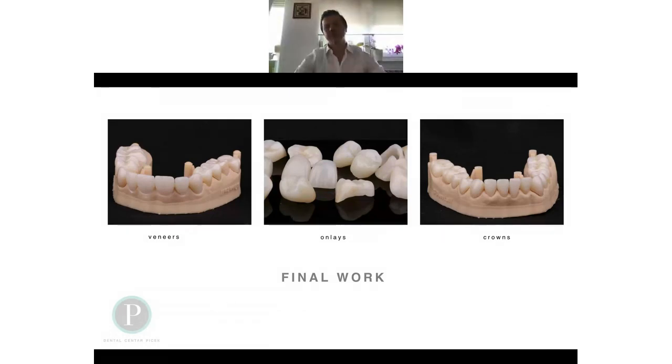this work can be done digitally in two ways. One way is, you know, that every block, every type of ceramic today can be milled, and I mean zircon and lithium disilicate and aluminum, so they all can be milled.